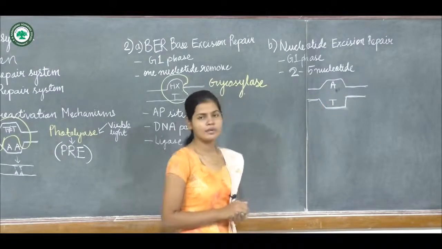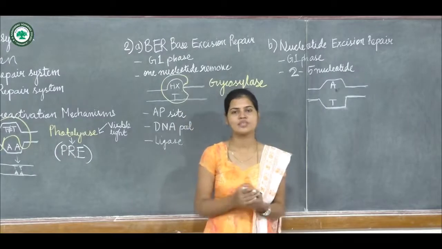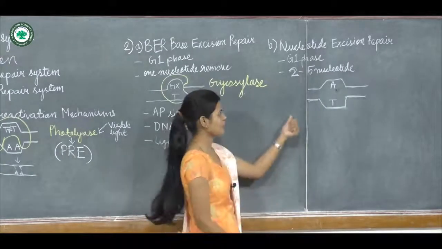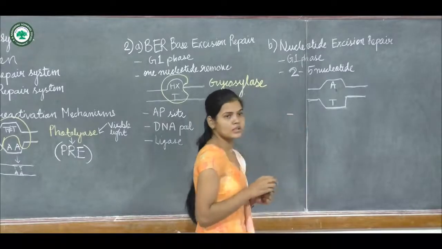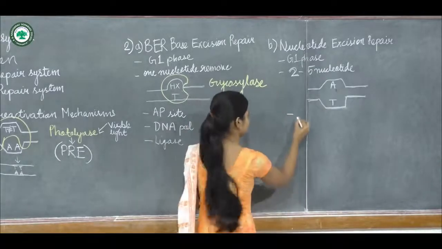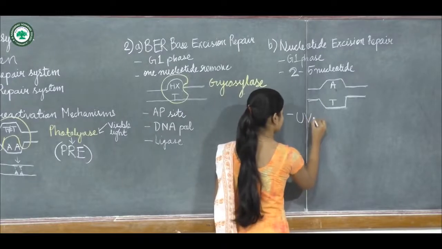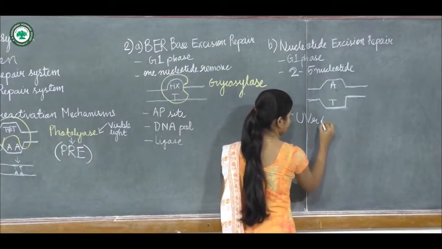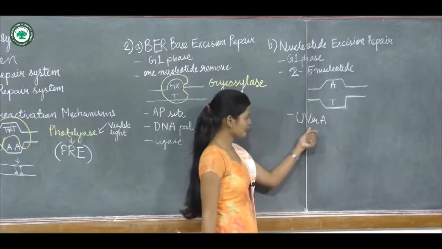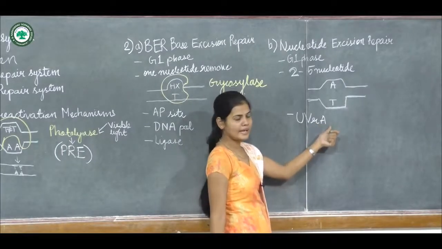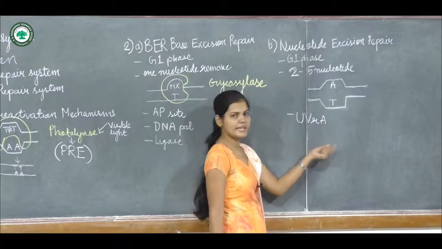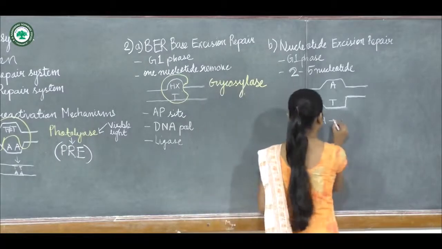Now there are certain enzymes which are going to do this repair mechanism. So firstly there will be UVRA. Now what will this UVRA do? UVRA will come and it will direct UVRB.